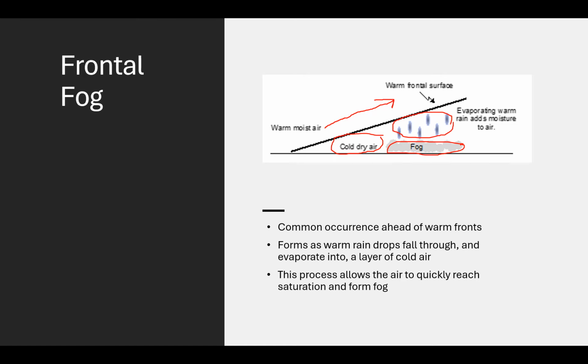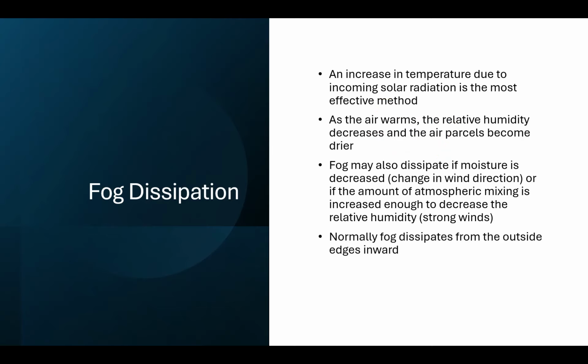And again, the main focus here is we're getting warm raindrops falling through that dry layer, and they're evaporating into a layer of colder air. And this process is going to allow the air to quickly reach that saturation point where your temperature is going to cool to the dew point and form a very thick fog. So I've seen this one in action as well.